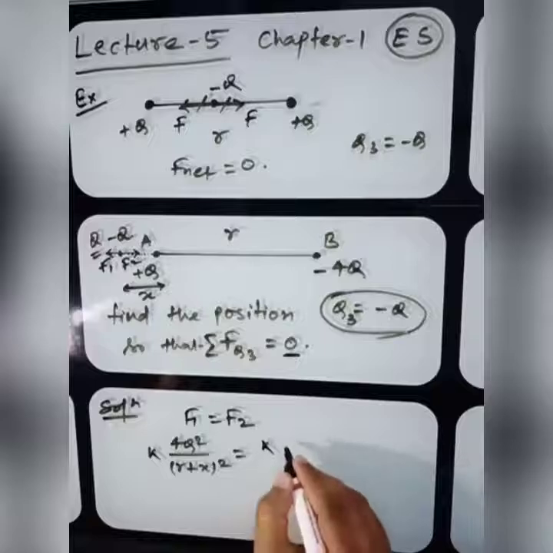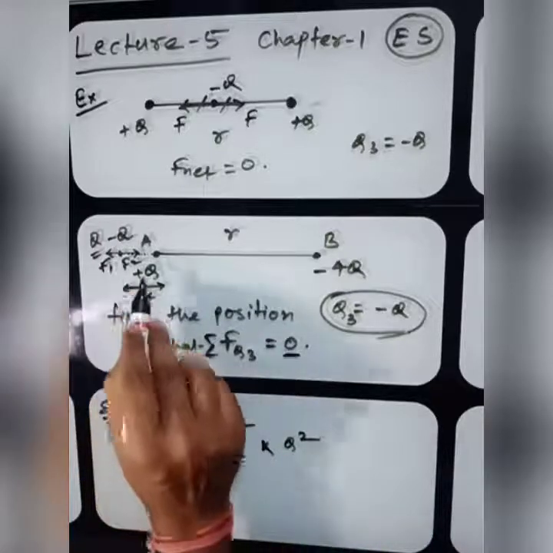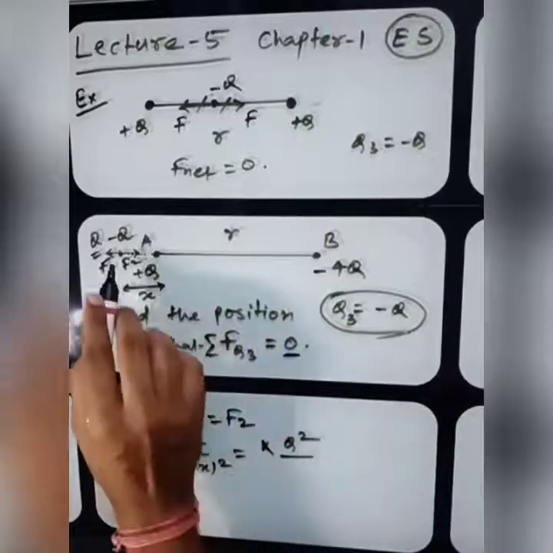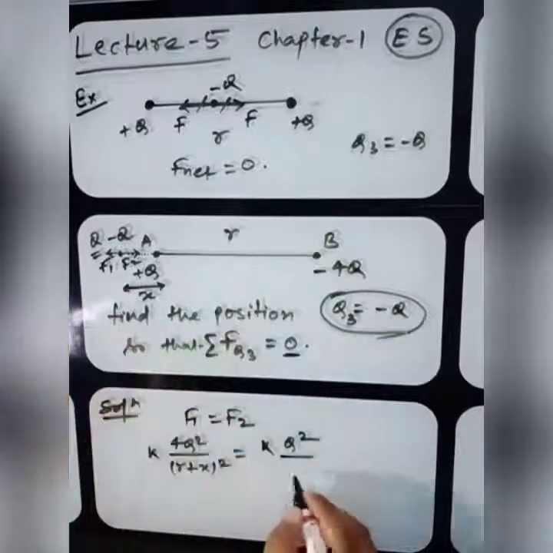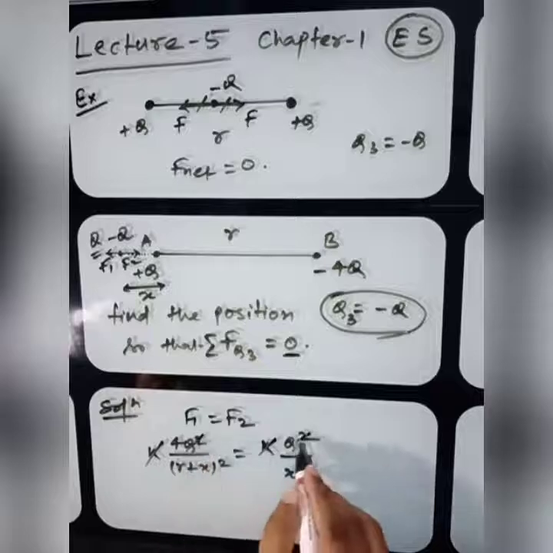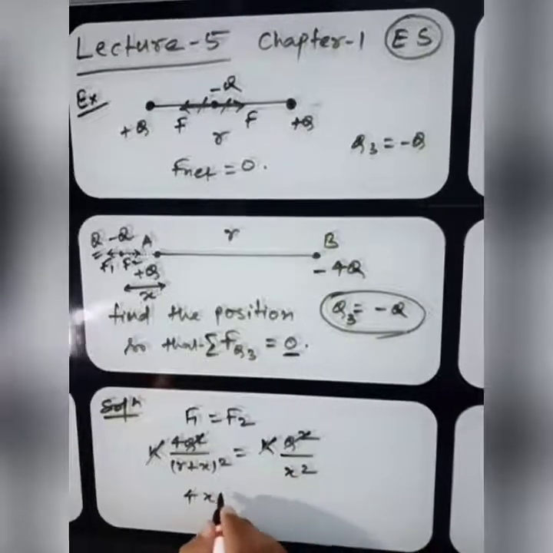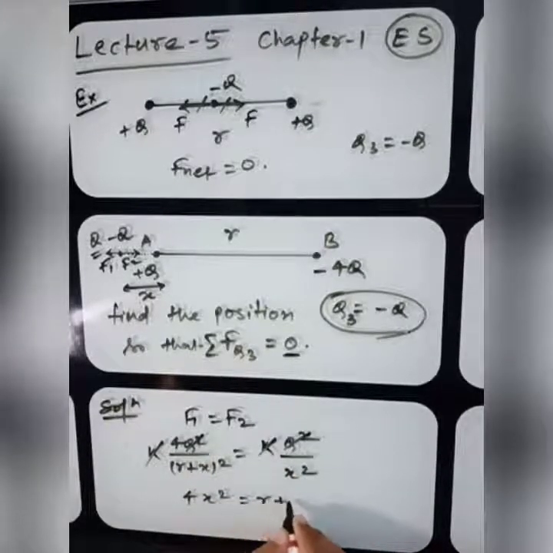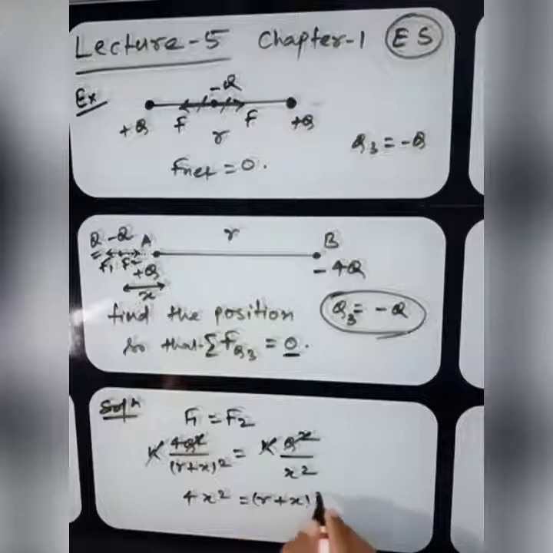k q square, it is q and q, divided by the separation between these two charges, how much is it? x square. The q square will cancel out, so 4x square will be equal to (r plus x) whole square.